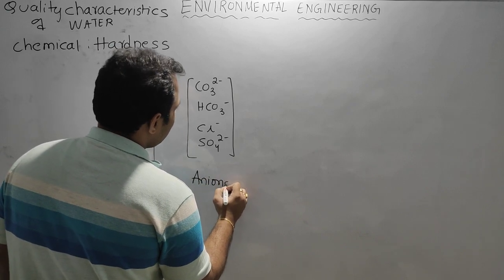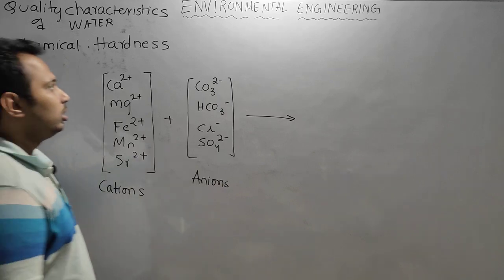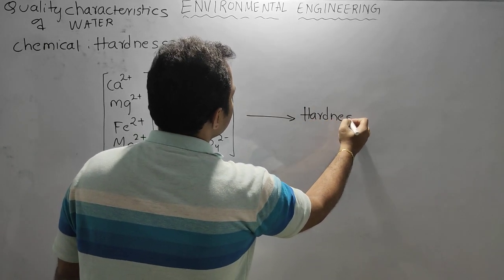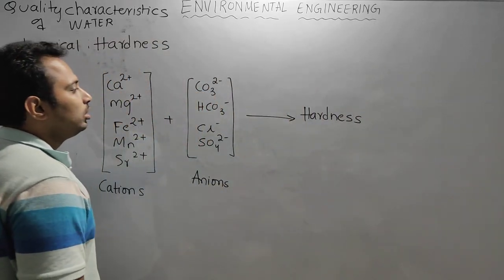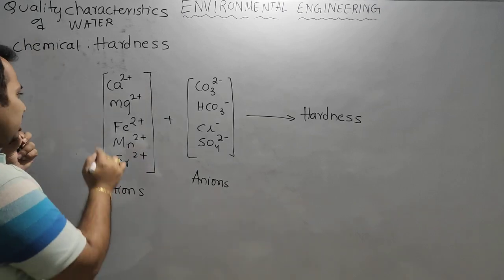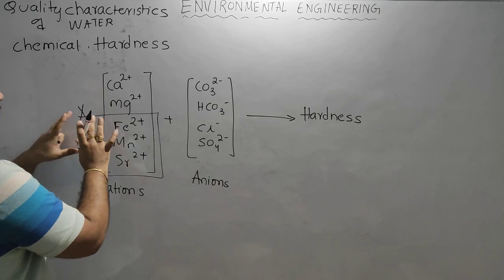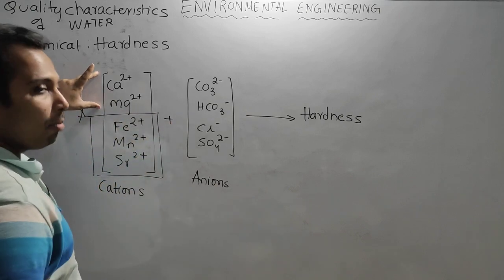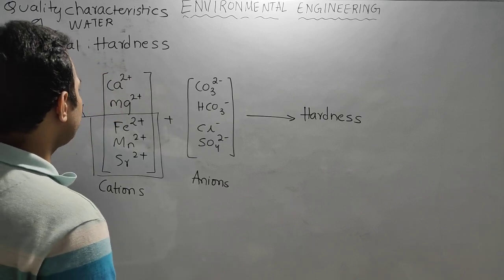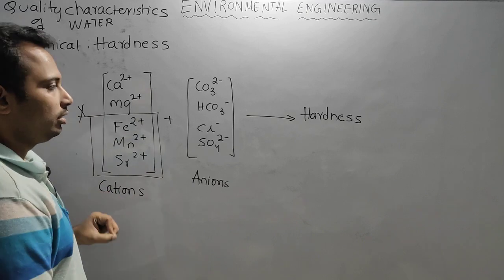The other multivalent cations are negligible and calcium and magnesium are predominant, so generally we take only the concentrations of calcium and magnesium to determine the hardness of water.